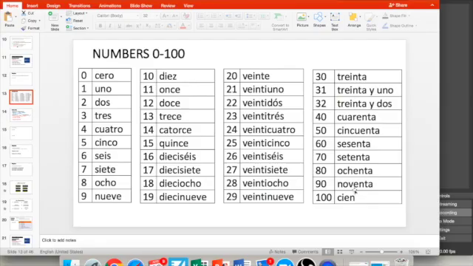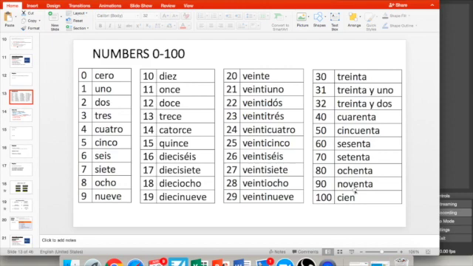We have 0, 1, 2, 3, 4, 5, 6, 7, 8, 9, 10, 11, 12, 13, 14, 15. This is where we have to kind of think here. As we get into the teens, specifically 16 through 19, we're doing a little math. So 16 is 10 plus 6, 16. 17 is 10 plus 7, 17.